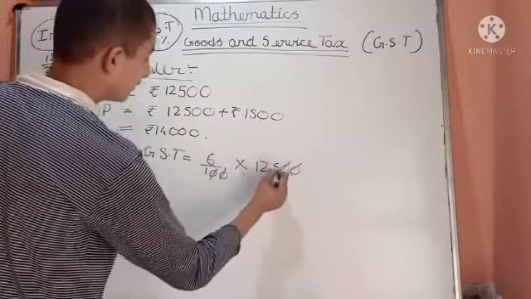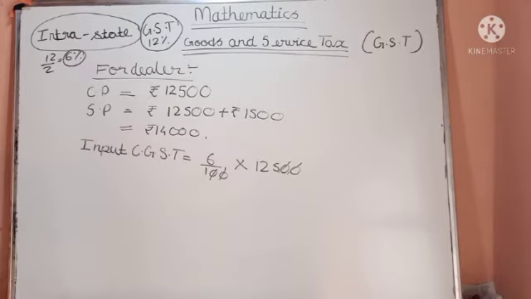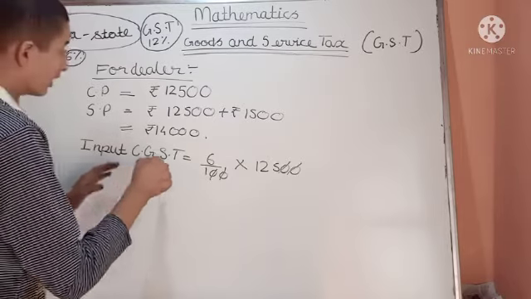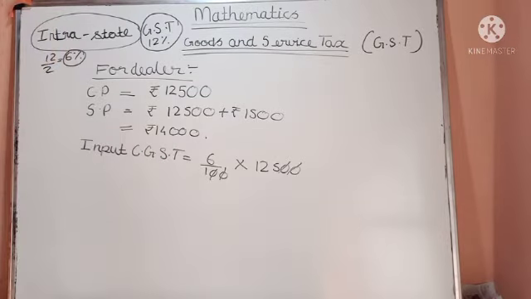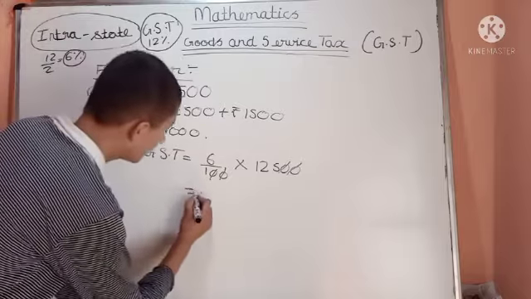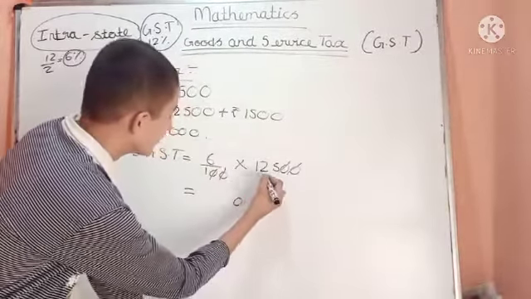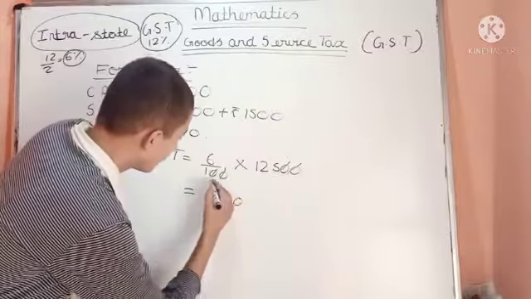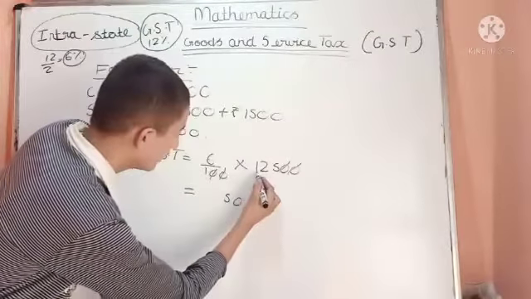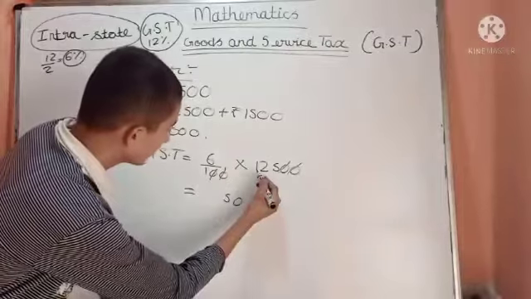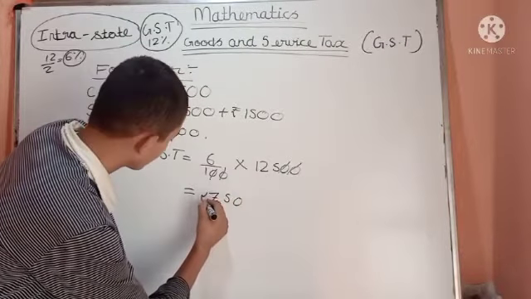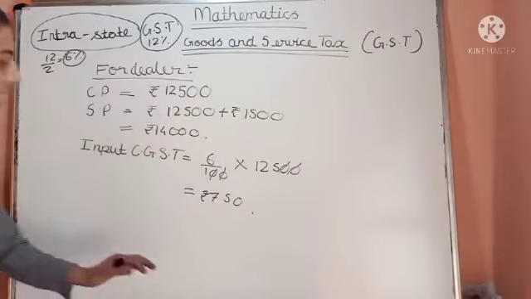Zeros will be cancelled, and the output tax of the manufacturer and the input tax of the dealer will both be equal. How? Let's calculate. 6 5s are 30, 0 and 3 carries, 6 2s are 12, 12 plus 3 is 15, 5 and 1 carries, 6 1s are 6, plus 1 is 7. Are they not equal?